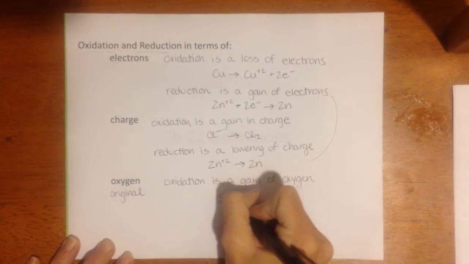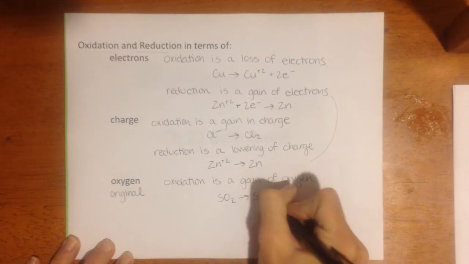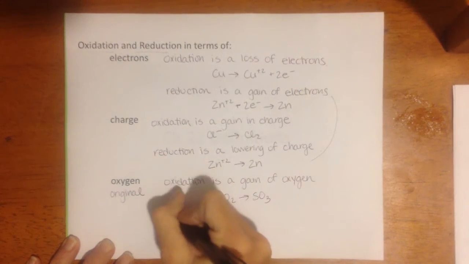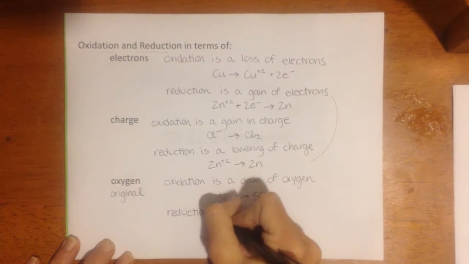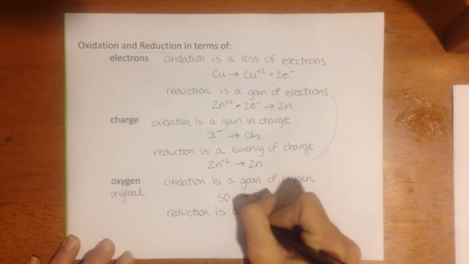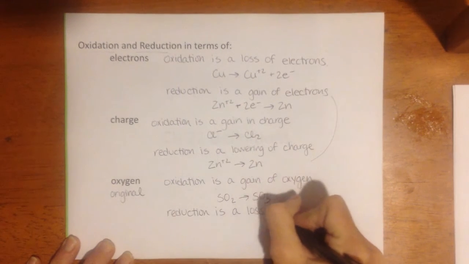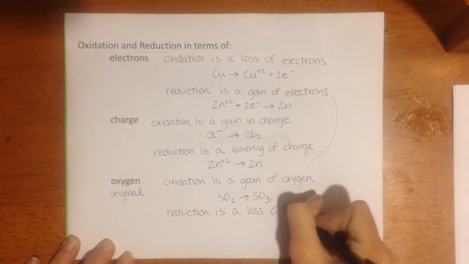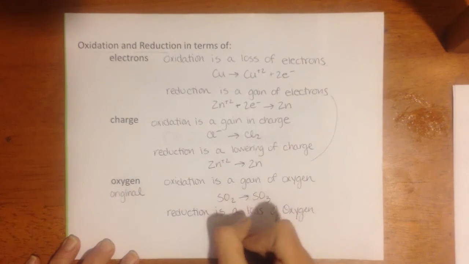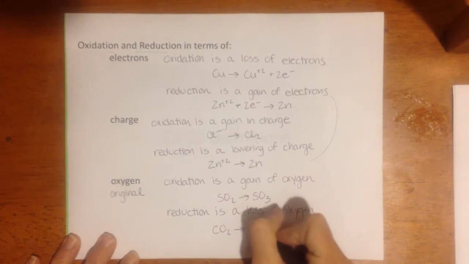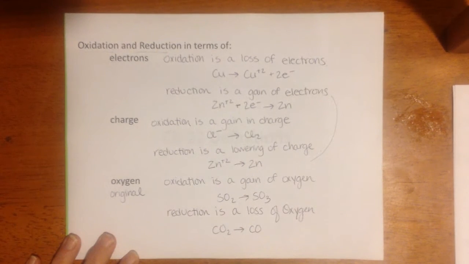That would be like SO2 becoming SO3. And reduction is a loss or reduction of oxygen. That could just be the reverse, like carbon dioxide turning into carbon monoxide.